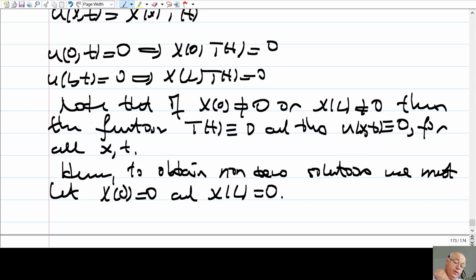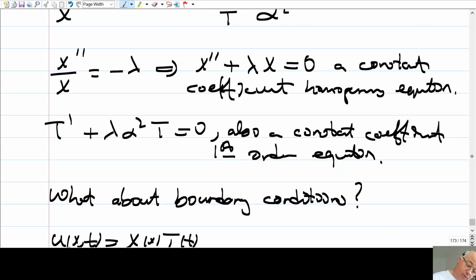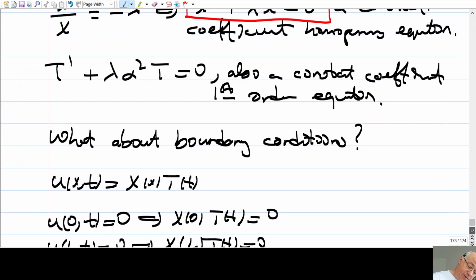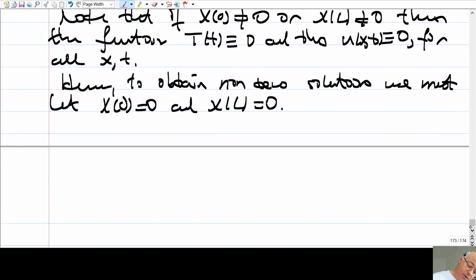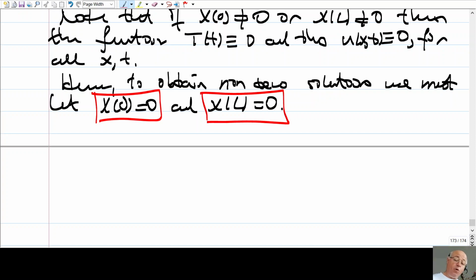Well, now let's see what we have. For x, I have a differential equation. Where was it? It is this equation, a constant coefficient equation. And I have two boundary conditions. So we obtained a boundary value problem.